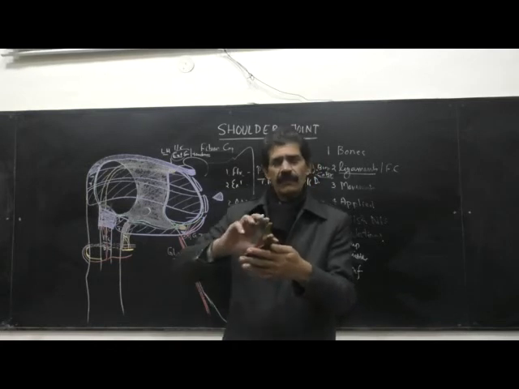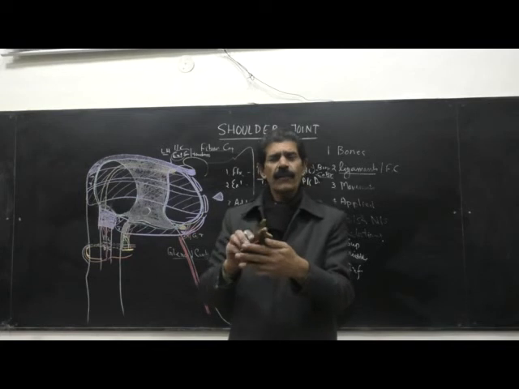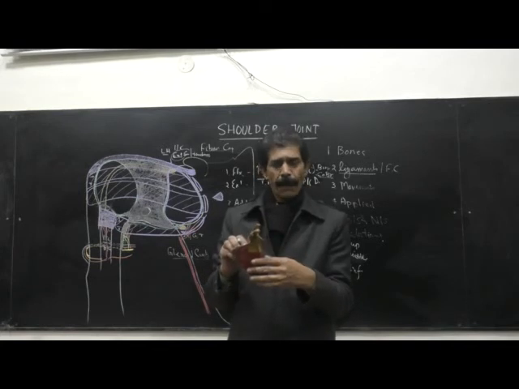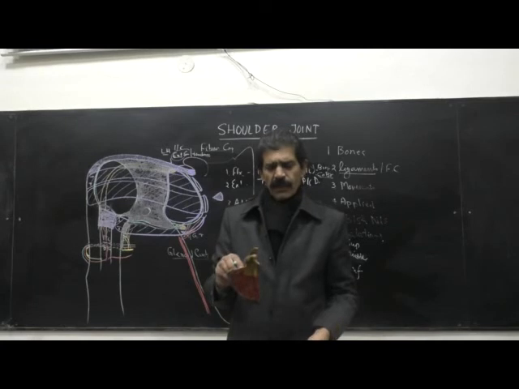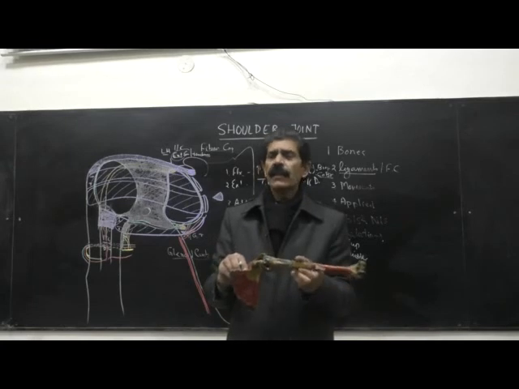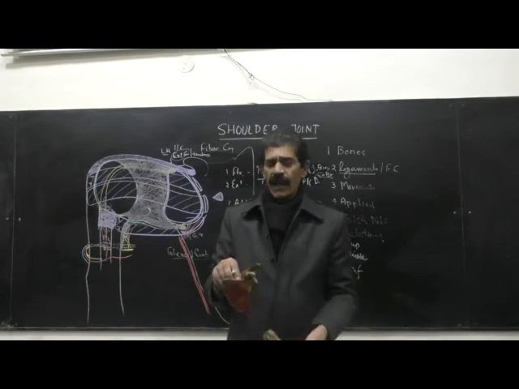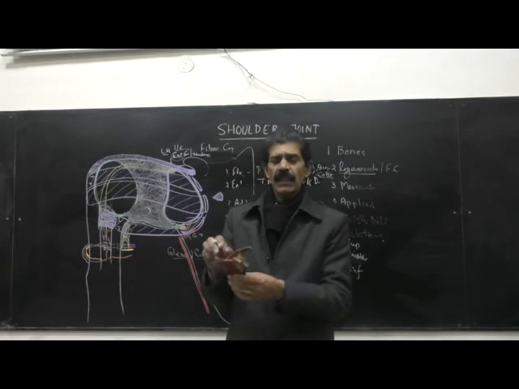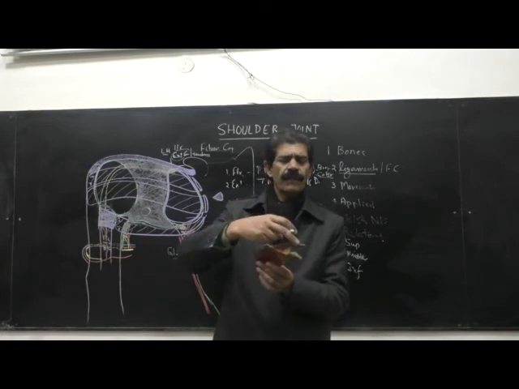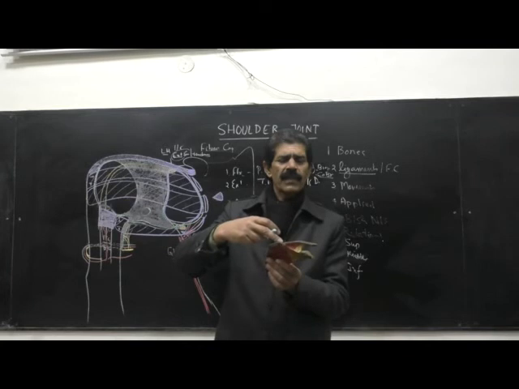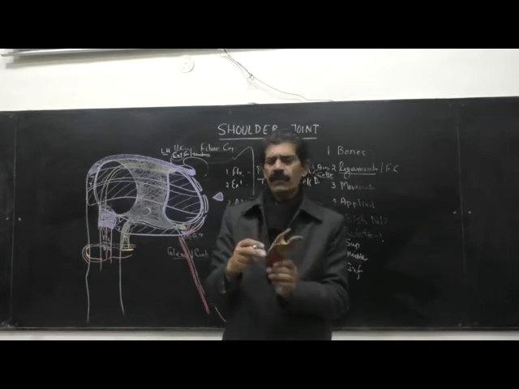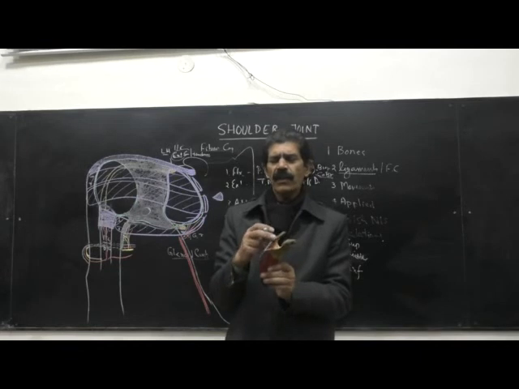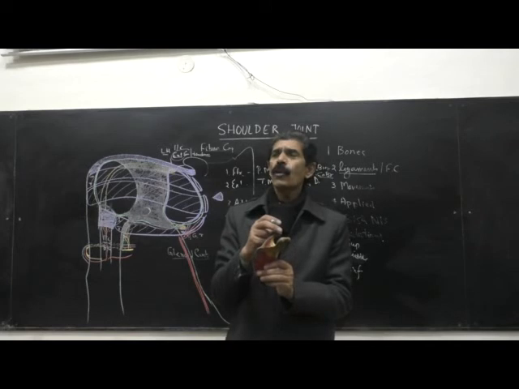So there is a slight degree of rotation of the scapula also done by the serratus anterior. The rest is done by the trapezius. As we know, the trapezius is inserted into the upper border of the spine of the scapula, along its entire length from the medial end to the lateral angle of the acromion.